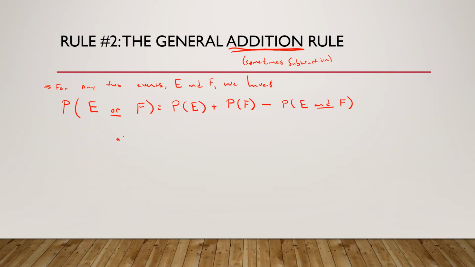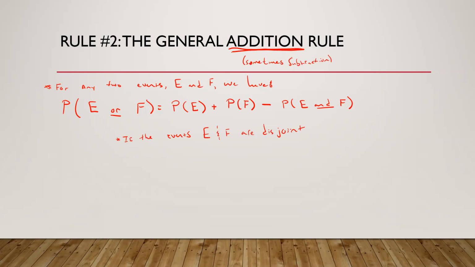So now here's the thing. If the events E and F are disjoint, okay, so what disjoint means in probability is that the events are mutually exclusive, okay?